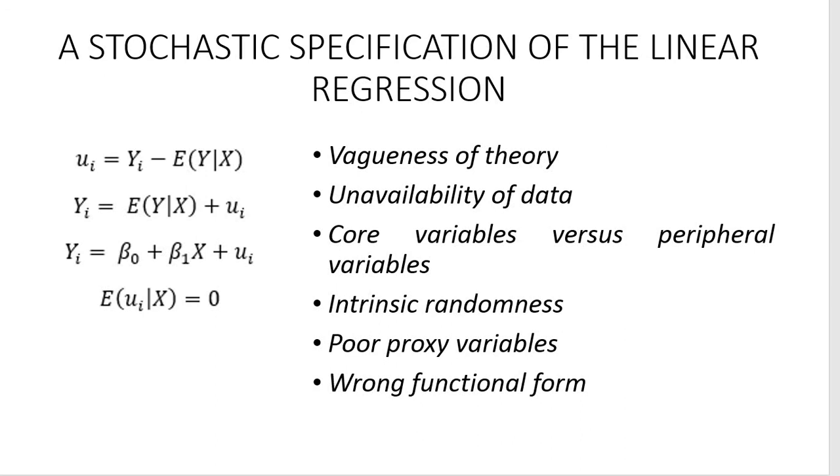Sometimes you choose poor proxy variables. We will discuss this a bit later, but in general, a proxy variable is a numerical variable you use in order to denote something which does not have a perfect numerical representation. For instance, human capital is a purely theoretical concept. So this is something economists use in order to explain the stock of skills, knowledge, and talents in the economy. It's assumed to affect the economic growth rate, the level of development, and so on.